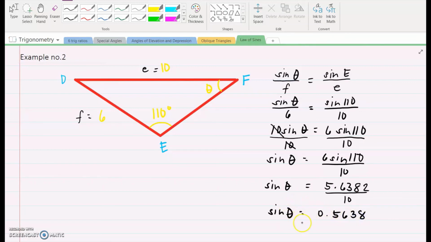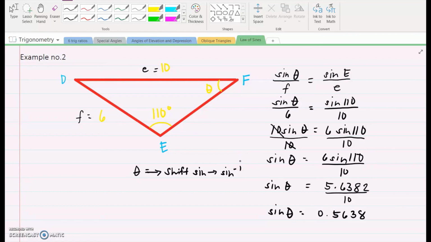And then to solve for theta, we're going to use the shift sine function to get the angle. So theta is equal to, you just press shift sine, that becomes sine of -1 or arc sine, then press 0.5638.